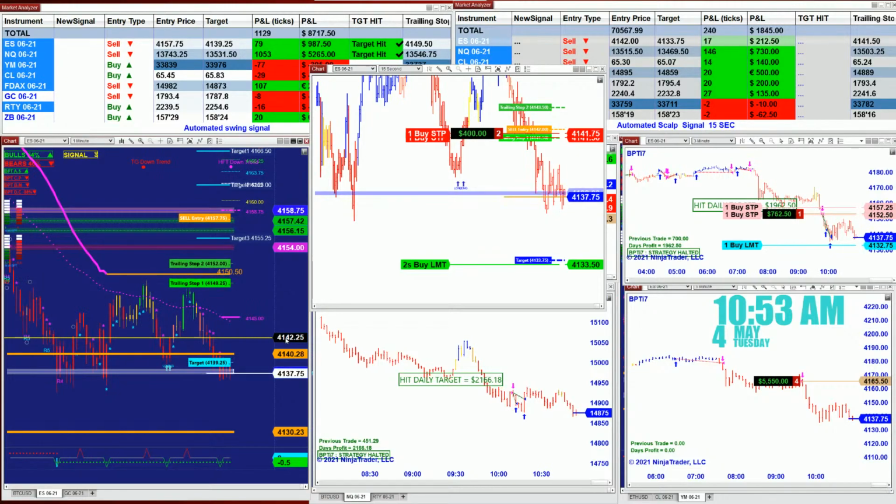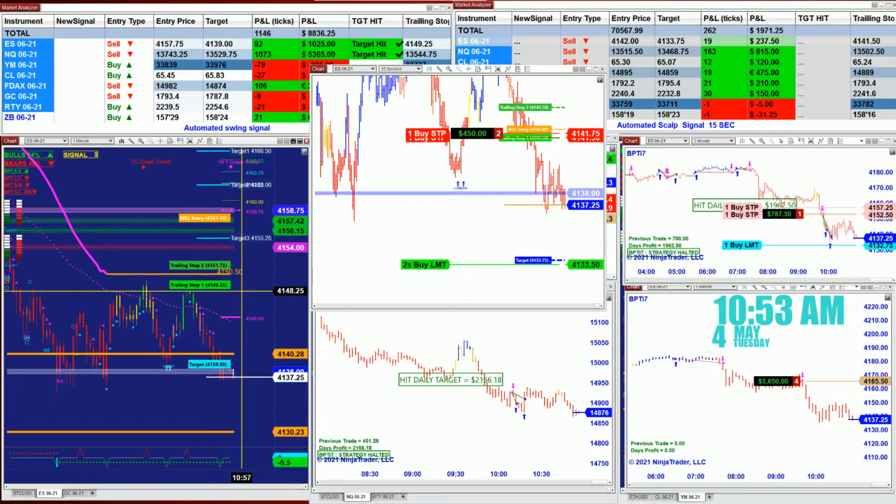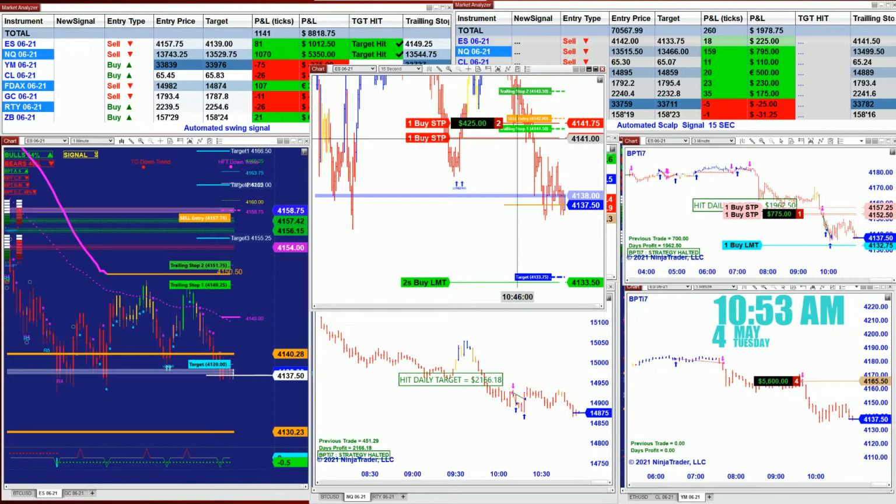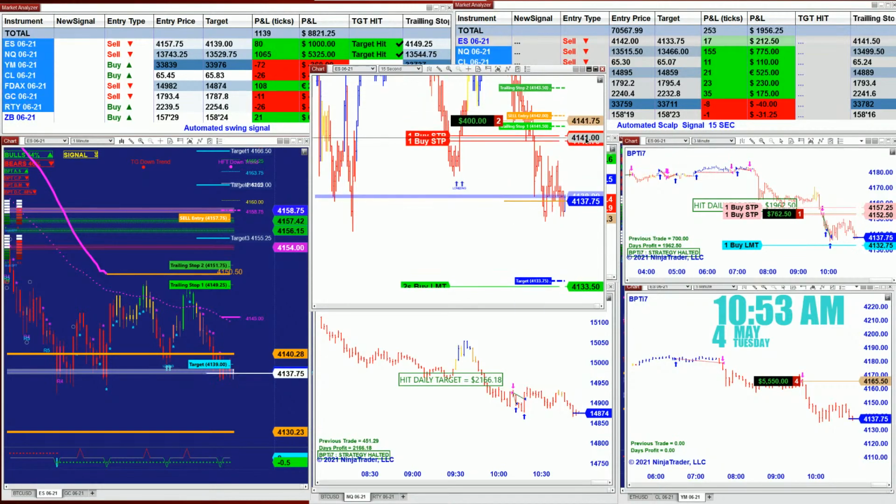The market is going to go back and retest the 41.75. So this is your call, the trader's call. Or if you want to, you can take the trailing stop as low as you want, and you can secure as much as you can.